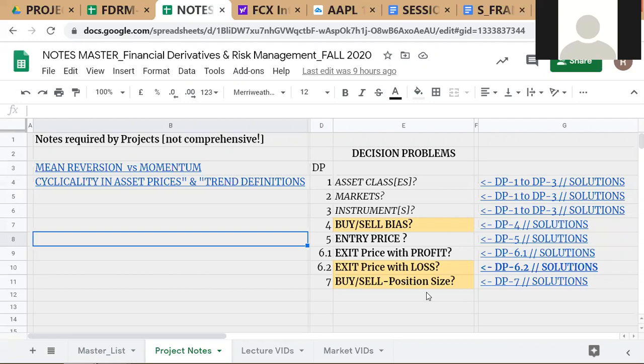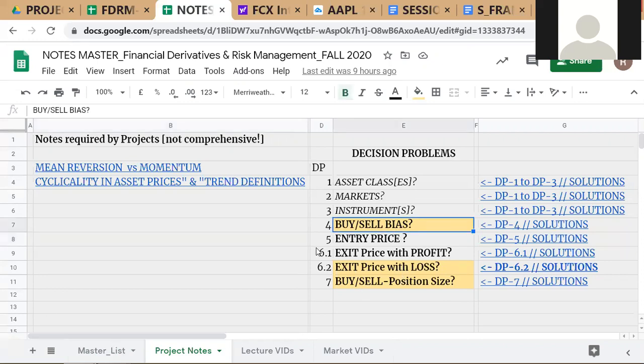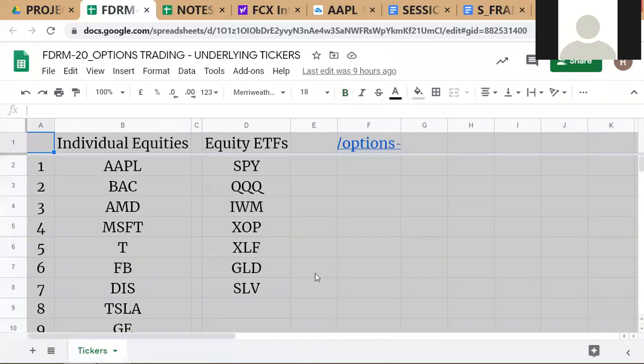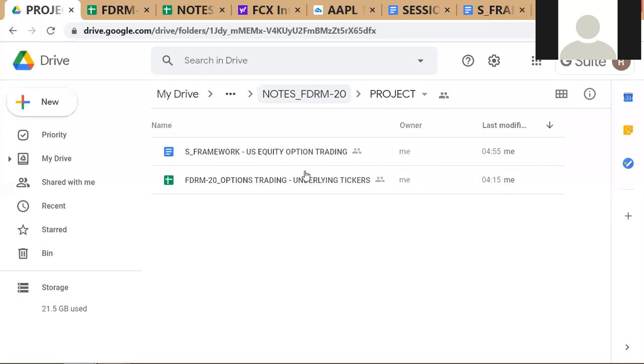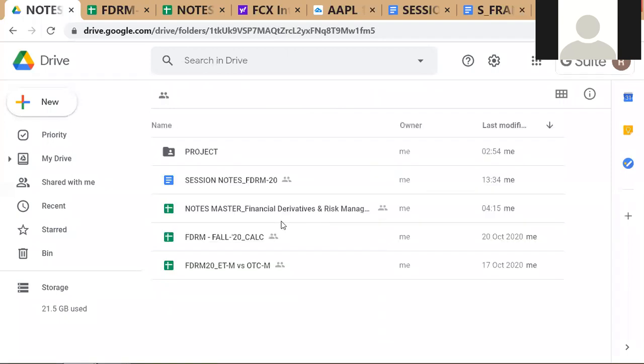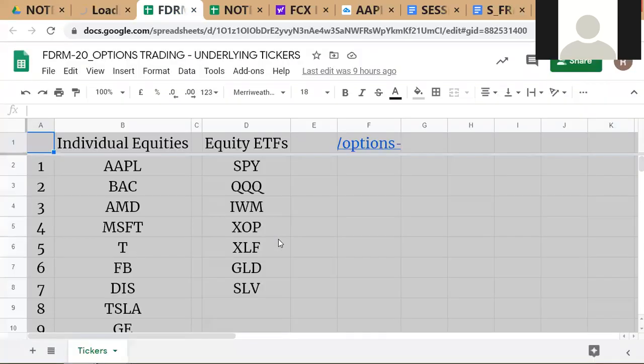So these things have been done. We have completely solved all these decision problems. Of course, this one is a big one, the buy-sell bias, because it leads you into the calc file. If we open the calc file, the buy-sell bias decision problem is a very big one.